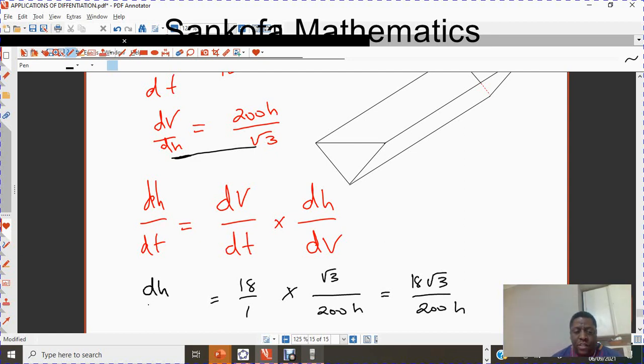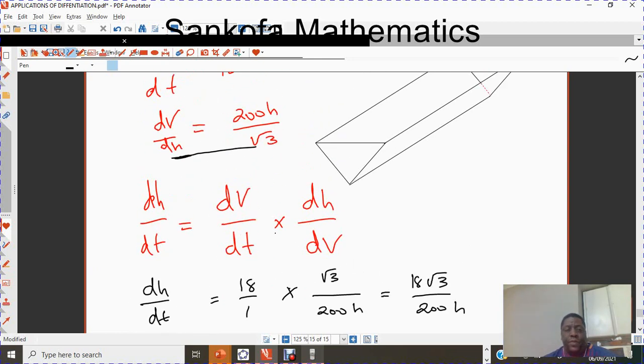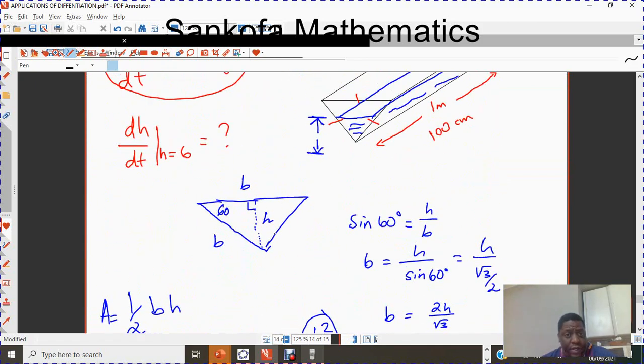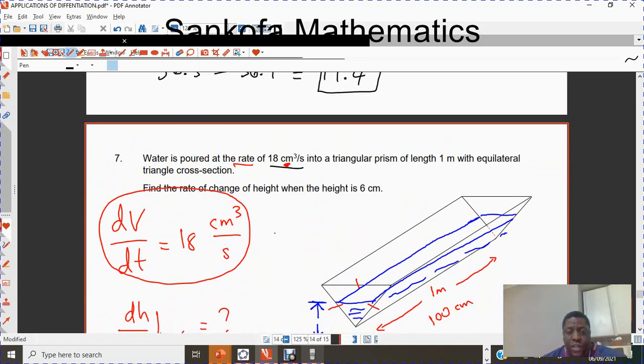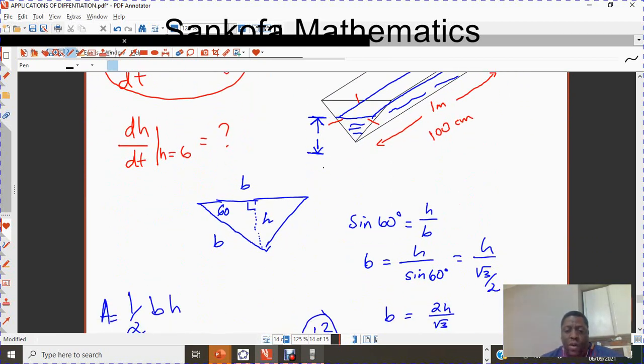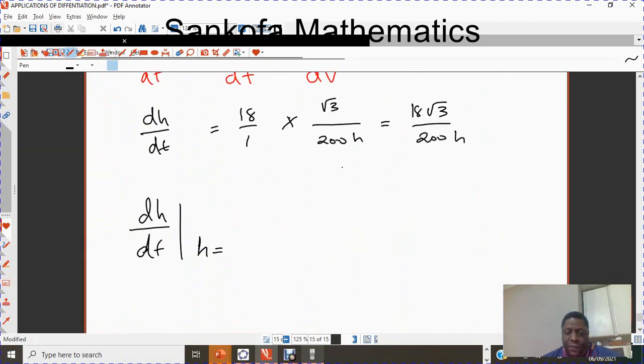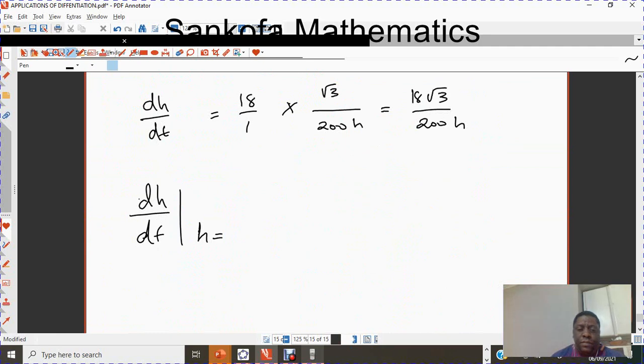This is dh/dt. But what we are looking for is dh/dt when h is equal to, what does the question ask us? Find when the height is 6 centimeters. So when h is equal to 6 centimeters, what will be the height versus the time in centimeters per second? So that would be 18 root 3 over 200h.